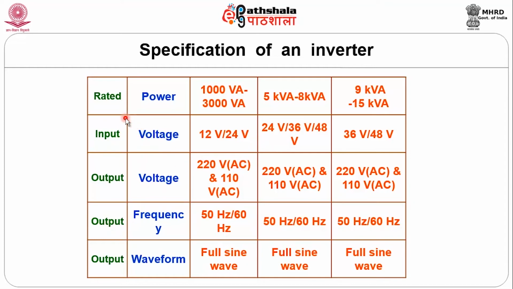And here that is about the rating, that is input, output, power, voltage, frequency and waveform. It is available from 1000 VA to 3000 VA, and 5 kVA to 8 kVA, and 9 kVA to 15 kVA, and the voltage is normally about 12 volt to 24 volt, and 220 volt, even 110 volt is also available.